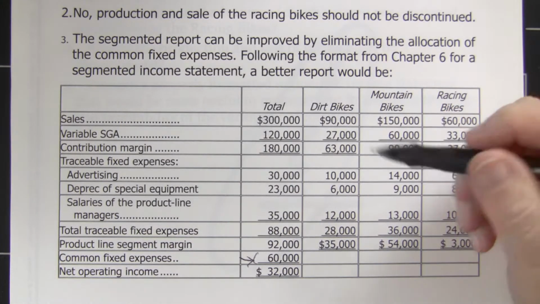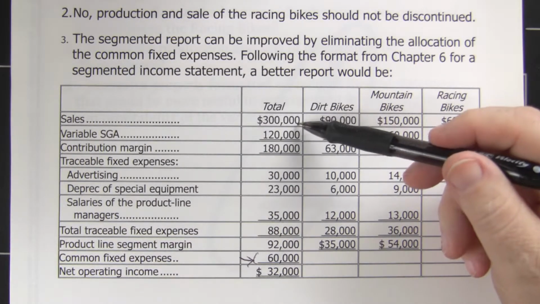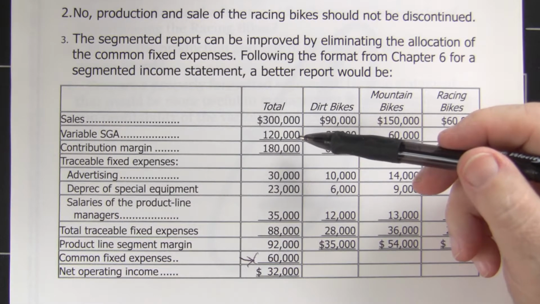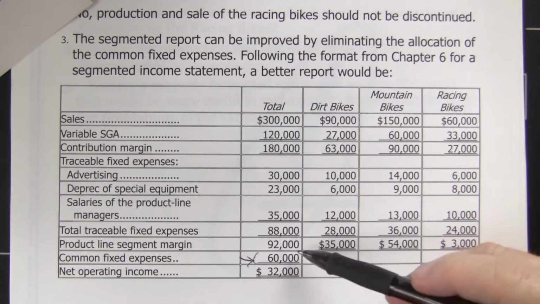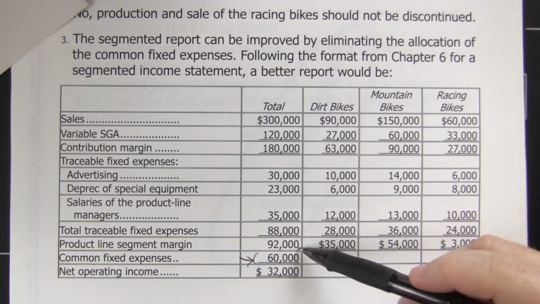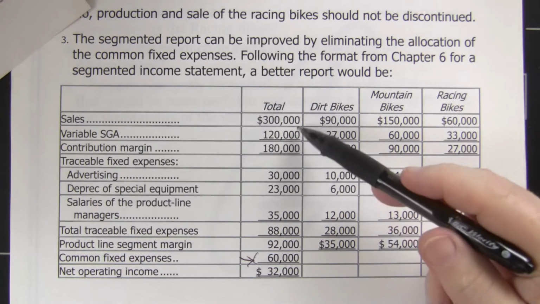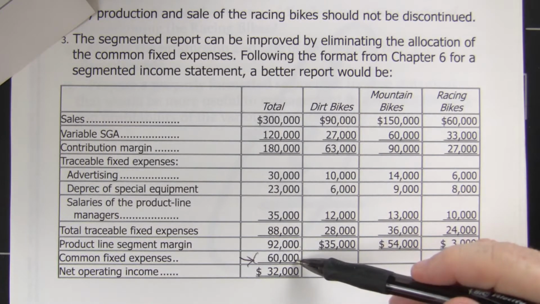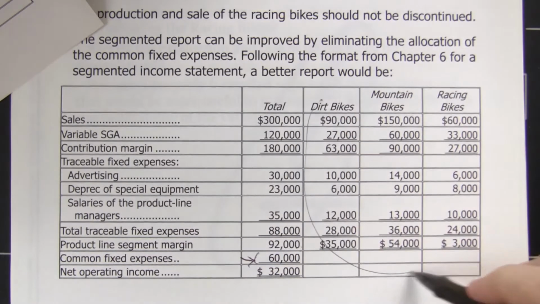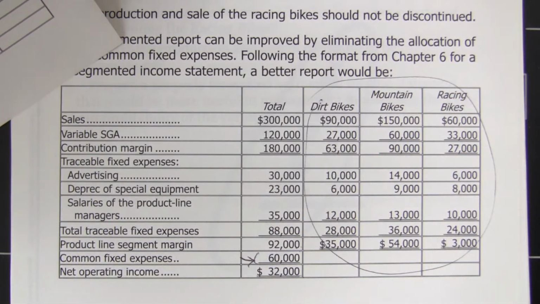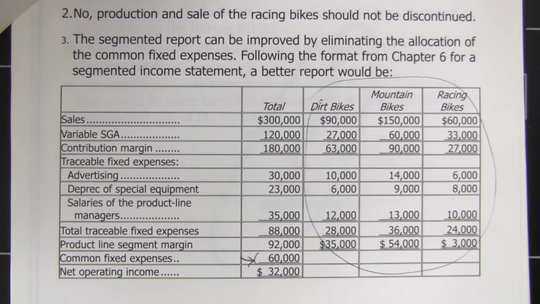So, when we take up the cost, we look down and we see that their product line segment margin is $92,000, and that's for the total, and you subtract the 60 from that to give you net operating income for all three divisions. So simply by allocating the common fixed costs, you put these guys in the hole.